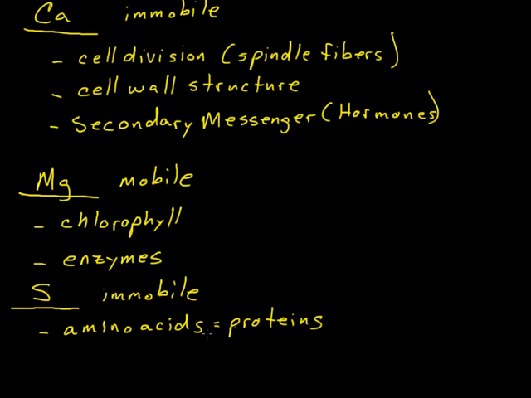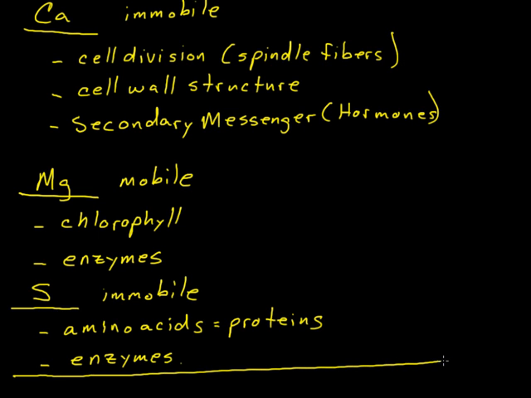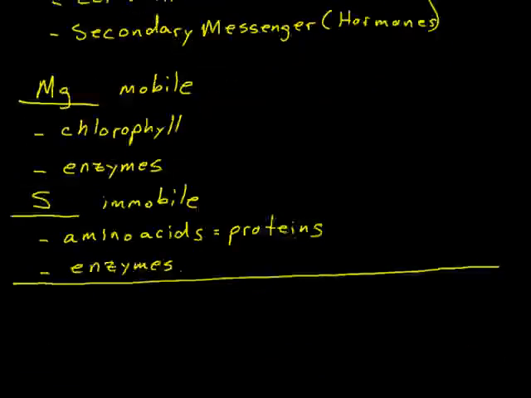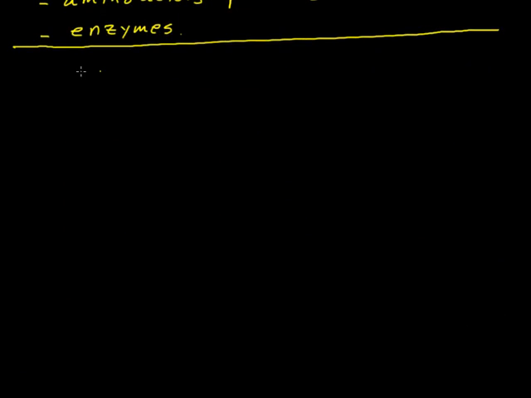And so sulfur is important to anything and everything involving proteins, which also includes various enzyme systems. And that wraps it up for the macronutrients. So let me put a dividing line here, and we'll continue down our list with the micronutrients.